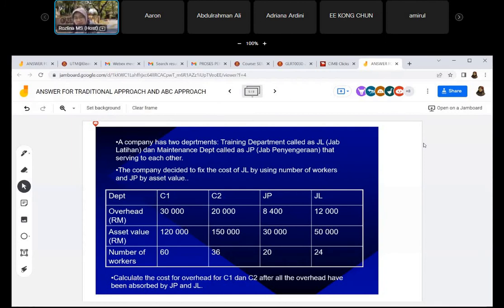Sedangkan the cost of JL must be absorbed by C1, C2 and JP. 24 no need lah. It just shows that there are 24 workers in the JL, but we don't use the 24. We just put dash.